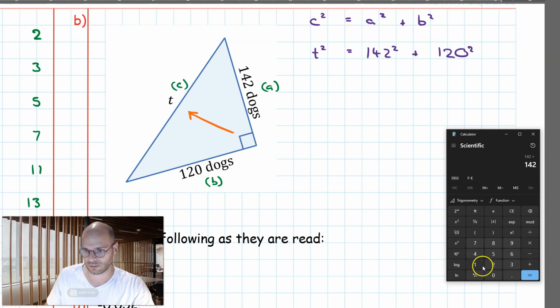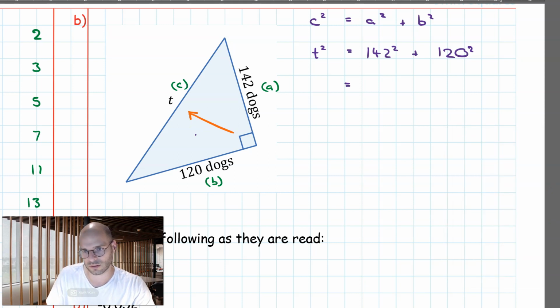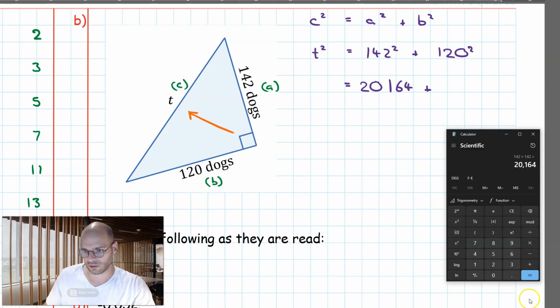142 times 142 gives me 20,164. Plus, we're going to go 120, and I'll just use the square operation. 14,400.